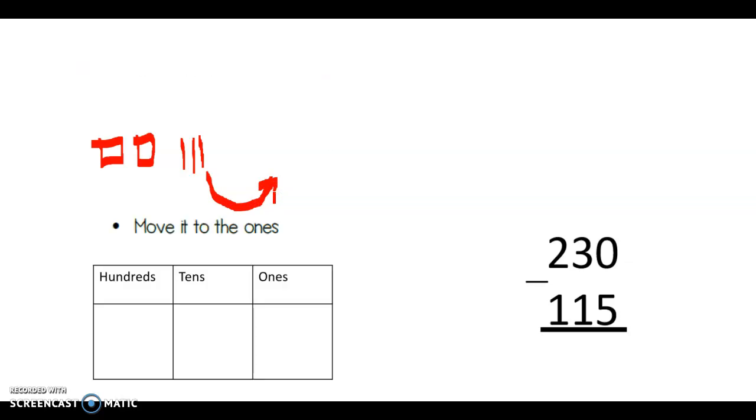And now we're going to move it. So we still have that 200. I've got 2 tens now in my tens place. So there's my 2 tens. Because I've moved a 10 over to the ones place. So my 10 is now over here.